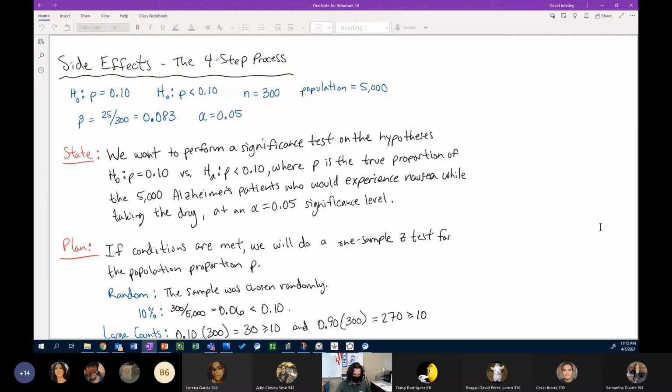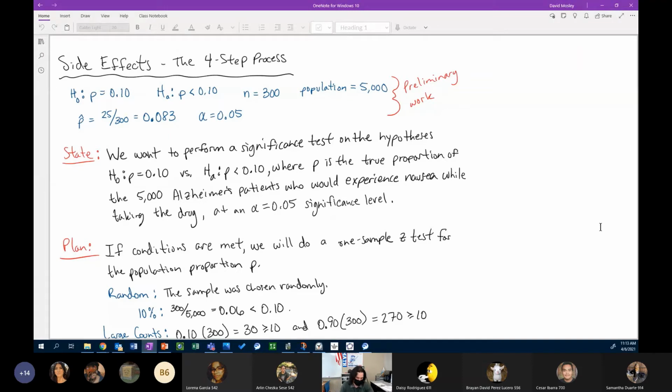At the very top here, this stuff is not part of the 4-step process. This is just values that I'm going to need. This is preliminary, what I did before starting my 4-step process.